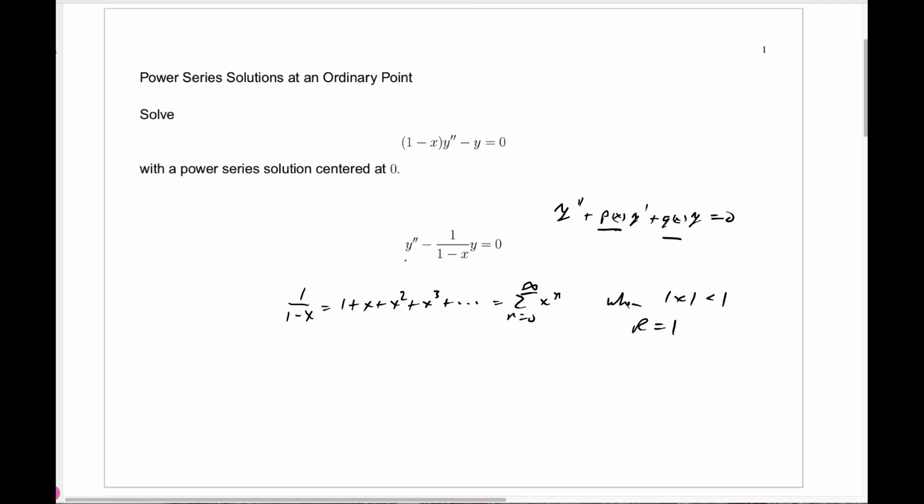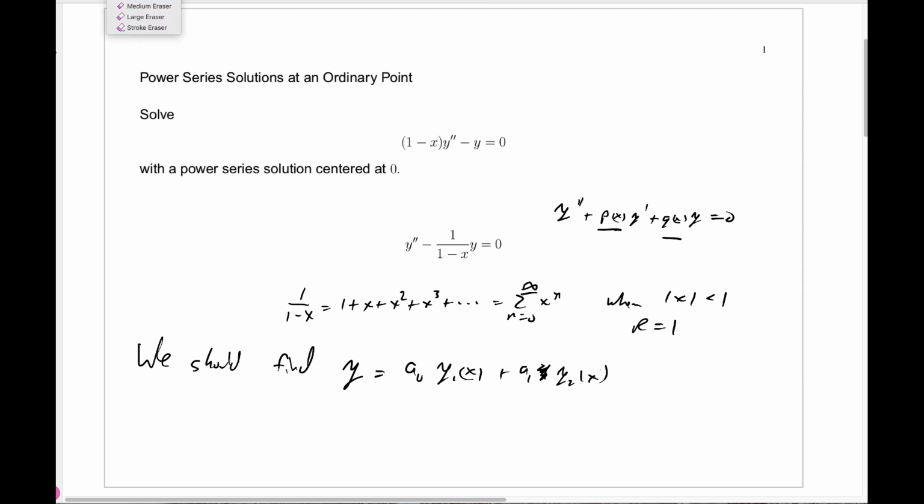So what our general theory for solving second-order linear homogeneous differential equations using power series tells us is that we should get a solution y of the form a naught times some function y1 of x plus a1 times some other function y2 of x, where the functions y1 and y2 are both analytic with radius of convergence at least 1.